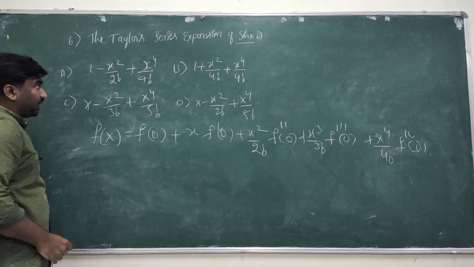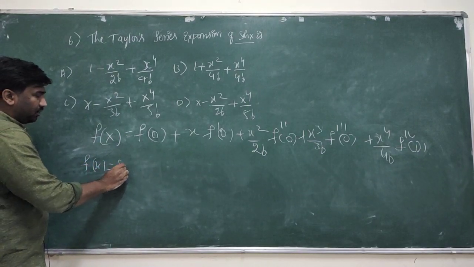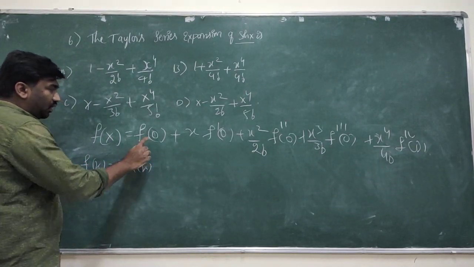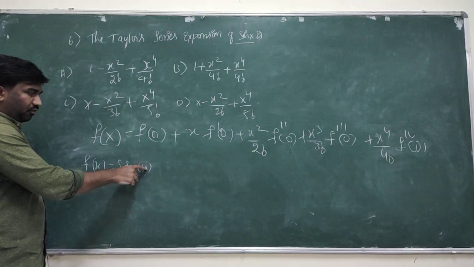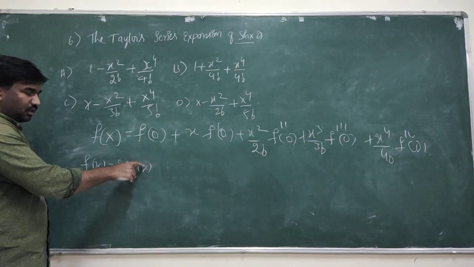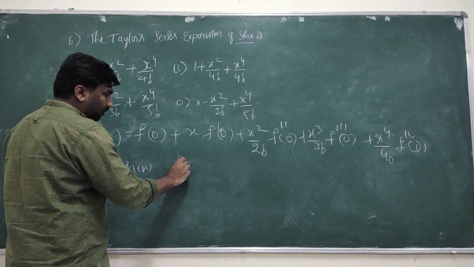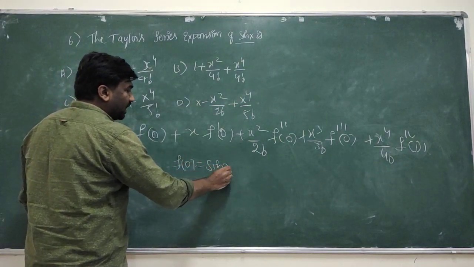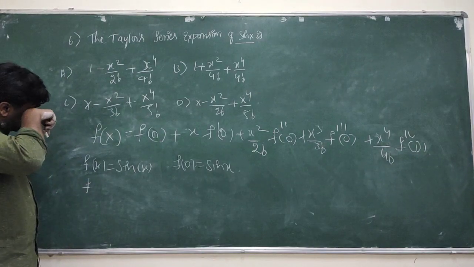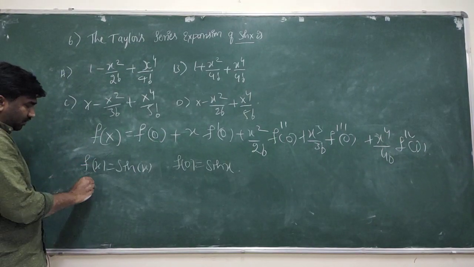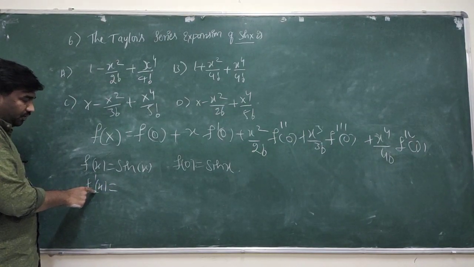So here our f of x is sin x. f of x is nothing but sin x, and f of 0 is nothing but, put the value of x equal to 0, in place of x we have to put 0. So f of 0 is nothing but sin 0. And next, if we differentiate this, we will get f prime of x, the first differentiation.